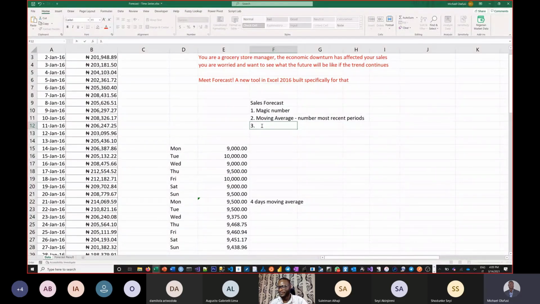If I'm into transport, obviously I should not be doing as much sales on a weekend as on a weekday. If I'm into intracity, intracity means I'm carrying from Ikeja to VI, and those kinds of movement. You might find out that you make more sales during the work days rather than weekend.